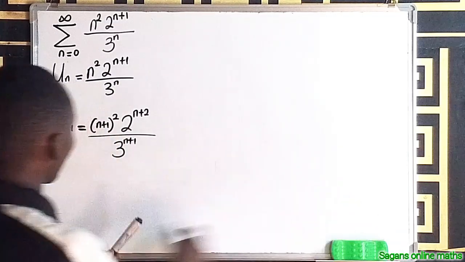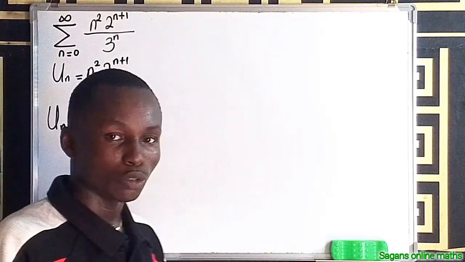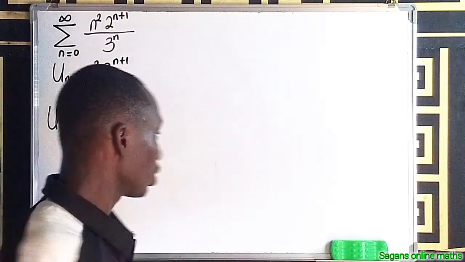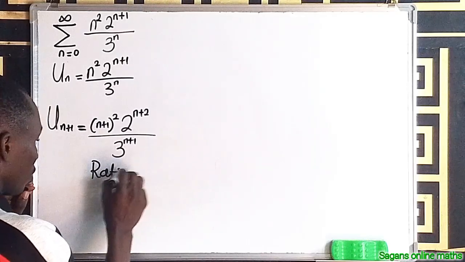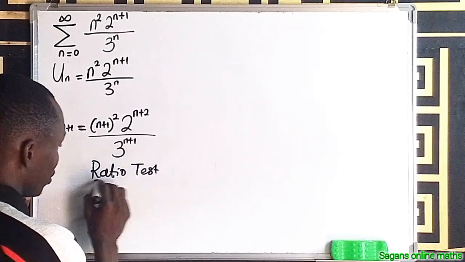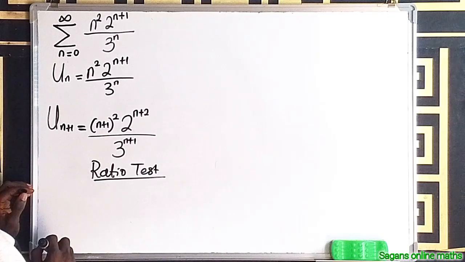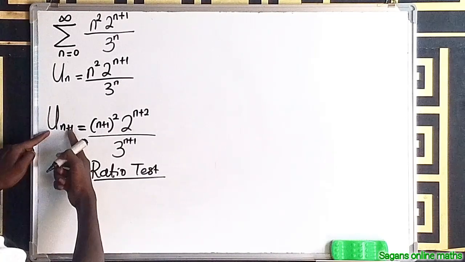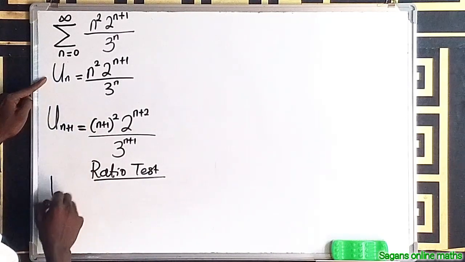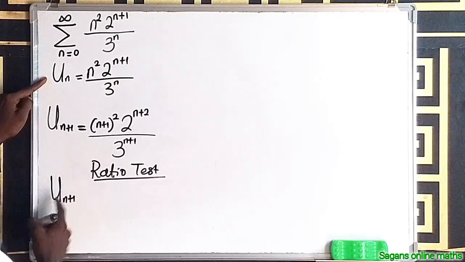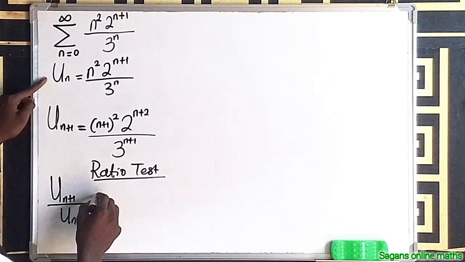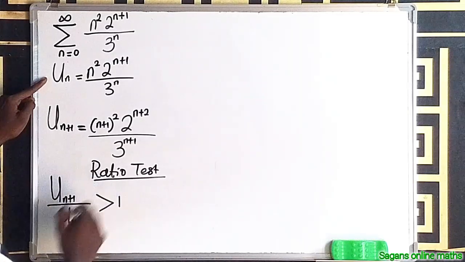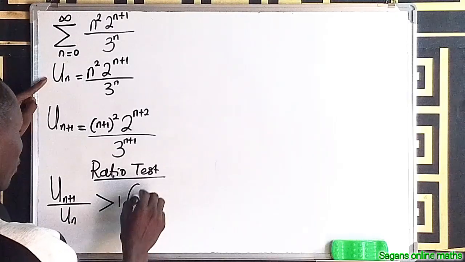Now, from our ratio test, we're going to see something very interesting. Our ratio test simply means that we are dividing u subscript n plus 1 by u n. When this is greater than 1, it's called converges.